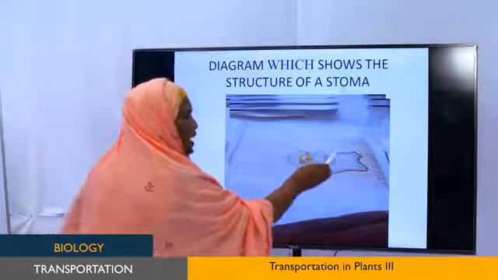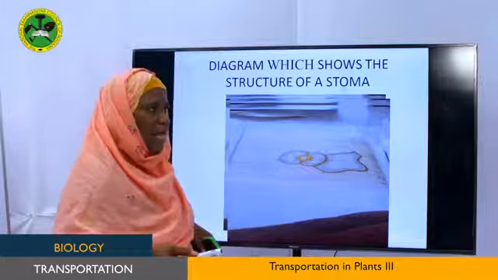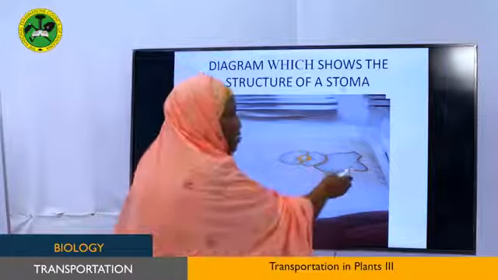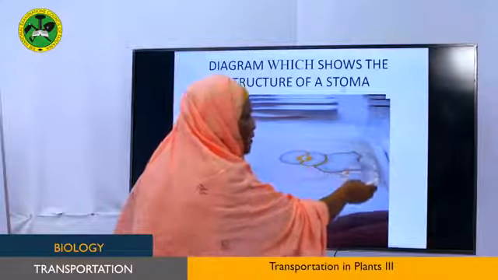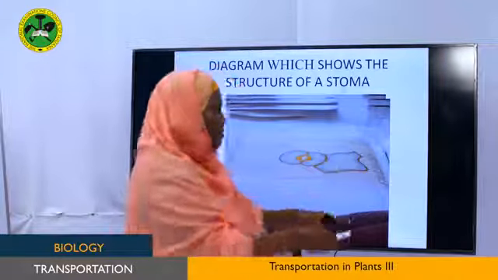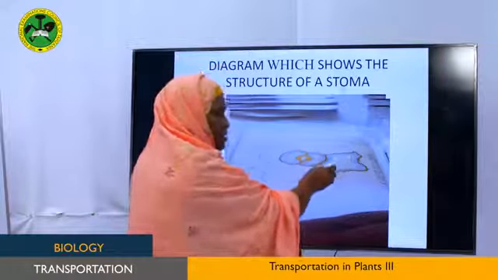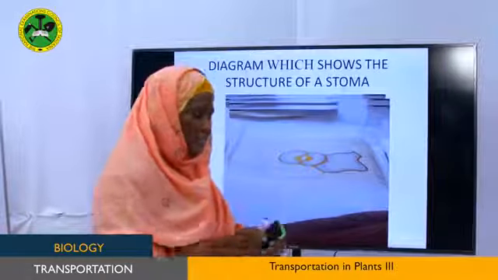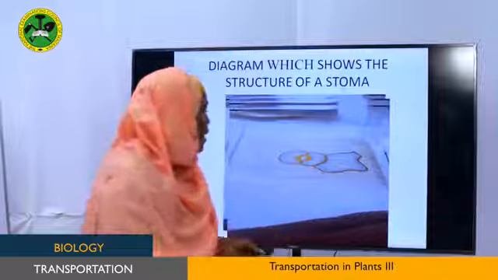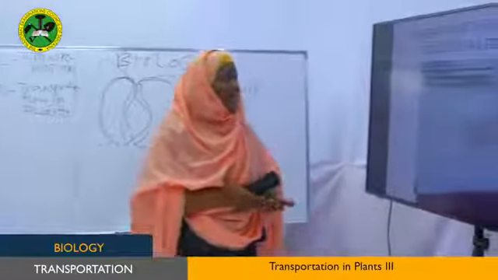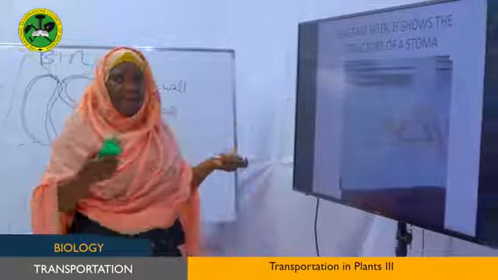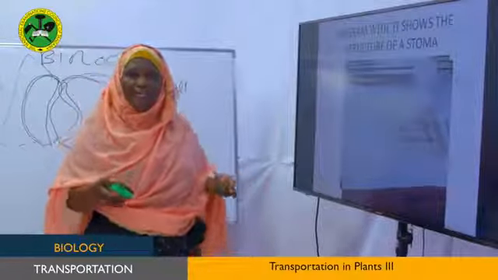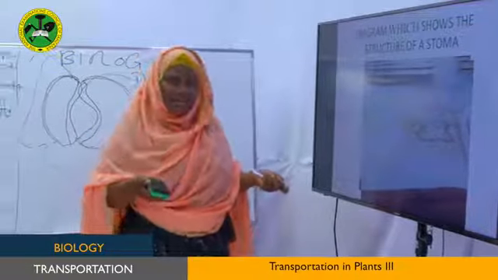These structures are the other epidermal cells. Apart from that, these other epidermal cells also contain other parts like the vacuole. The vacuole is this one. The vacuole is there, and the other structures. And after discussing this structure, then you will be in a position to go and discuss another structure.